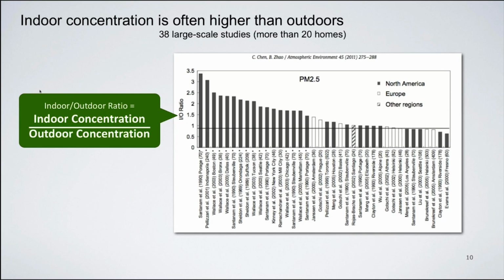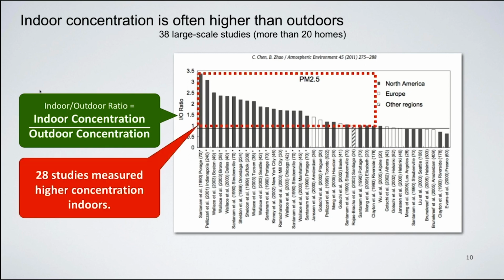So when the indoor-outdoor ratio is greater than 1, that means there's a greater concentration of particles indoors than outdoors. You can see that for something like 3/4 of the studies, the indoor concentrations of particles were greater than the outdoor concentrations, and the ones that had the highest results for indoors are much higher than the difference between indoors and outdoors for the studies where they found that indoors was lower than outdoors.